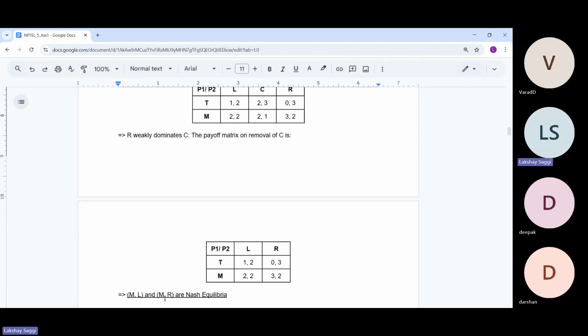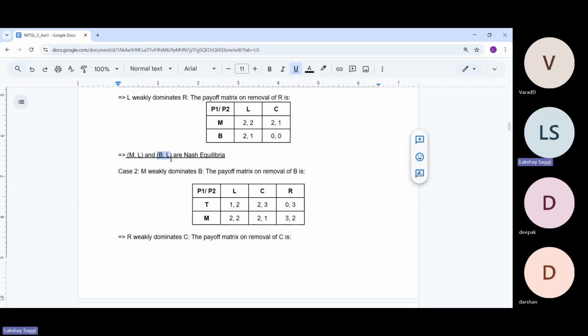So this MR does not occur in case one, and similarly this BL does not occur in case two. That's why the order of removing the weakly dominated strategies changes the Nash equilibria which we finally arrive at. It can potentially change; it will not necessarily always change.